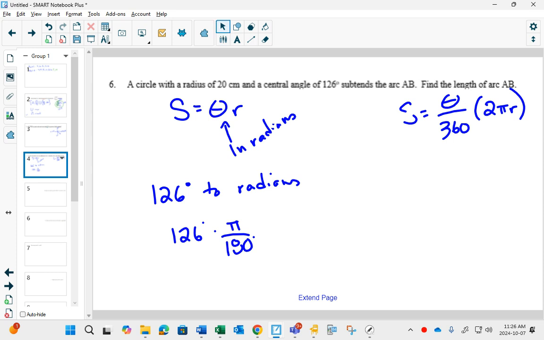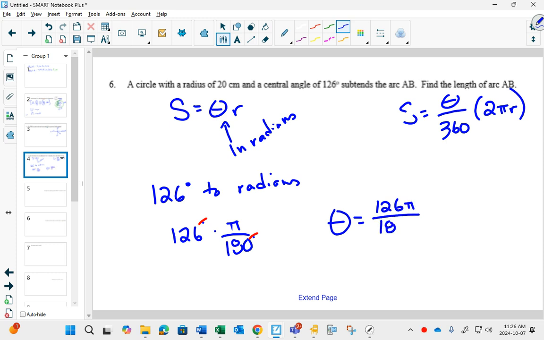If you remember one of the techniques, whether to multiply by pi over 180 or 180 over pi, you want the degrees to go away, so your degree signs will have to cancel out. So the 180 degrees would have to be on the bottom. So now we have that our angle is 126 pi over 180.